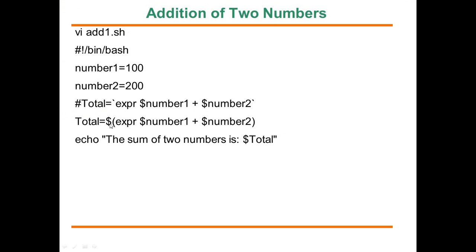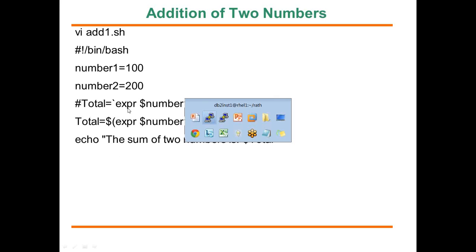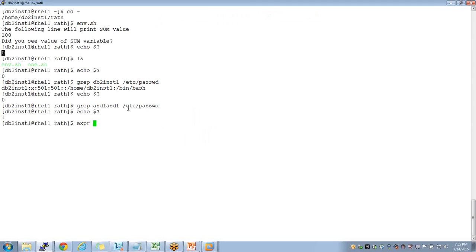And here is actually the one I wanted to introduce: how do we do arithmetic? If in string everything is string, how do we do arithmetic? It's called using a command called expr. So there is a command called expr. What it takes is two numbers and it will return the value.